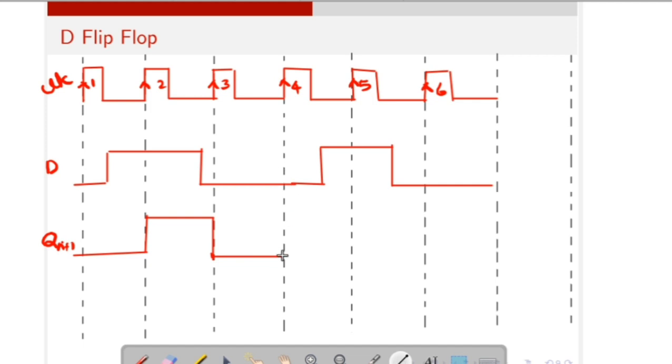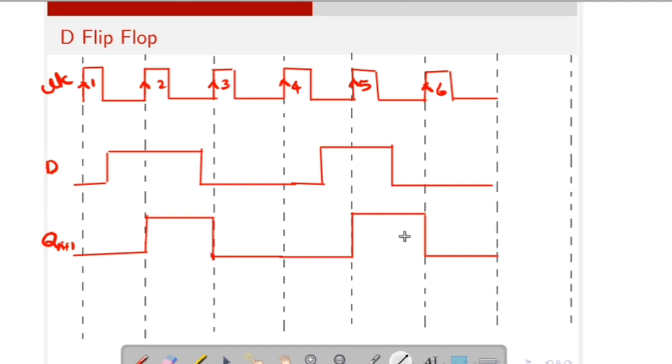Fourth clock pulse also 0, so Qn plus 1 is also 0. Then fifth clock pulse, D is equal to 1, then Qn plus 1 goes to 1. Sixth clock pulse, again D is equal to 0, so output goes to 0. So this is the waveform of the D flip-flop: clock, D input and Qn plus 1.